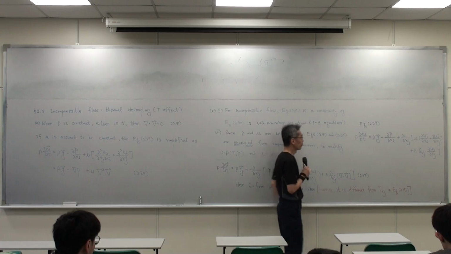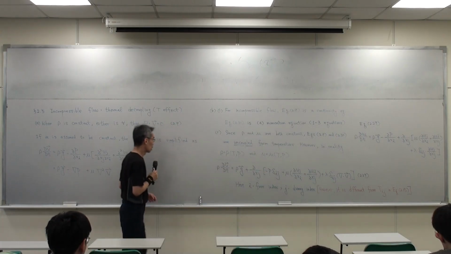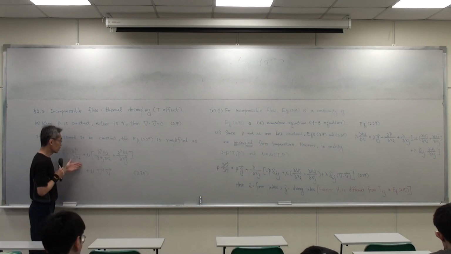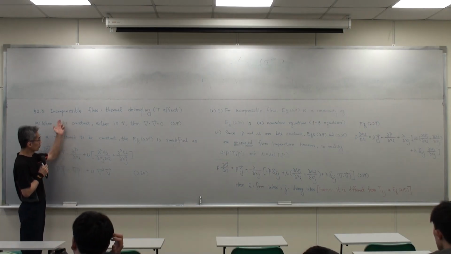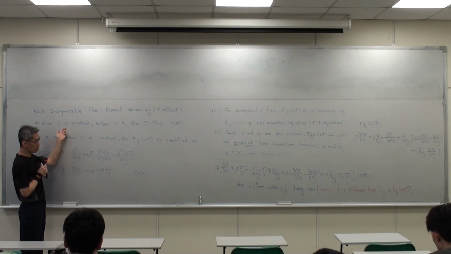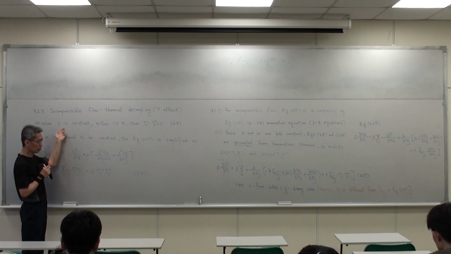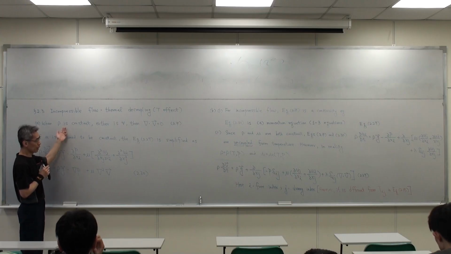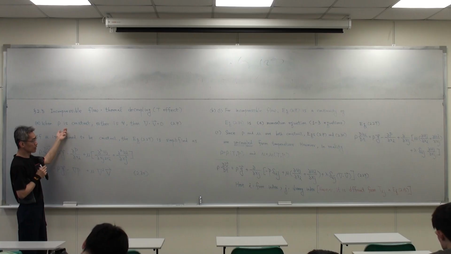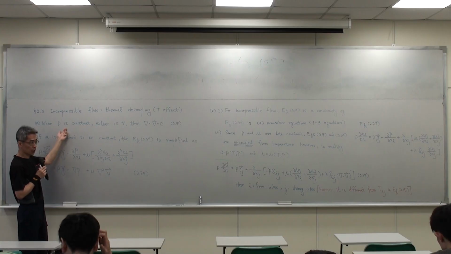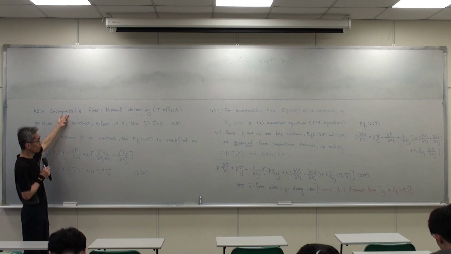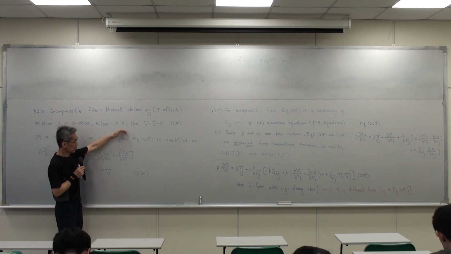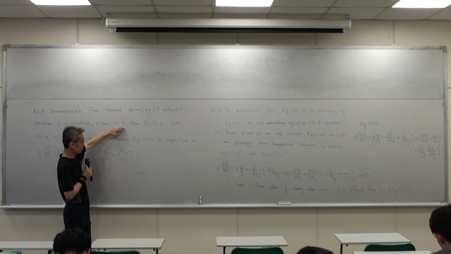Substitute this into the final result, and if we are in the incompressible flow case, then we will have a more simplified equation. For incompressible flow, the density is constant, same as the volume.